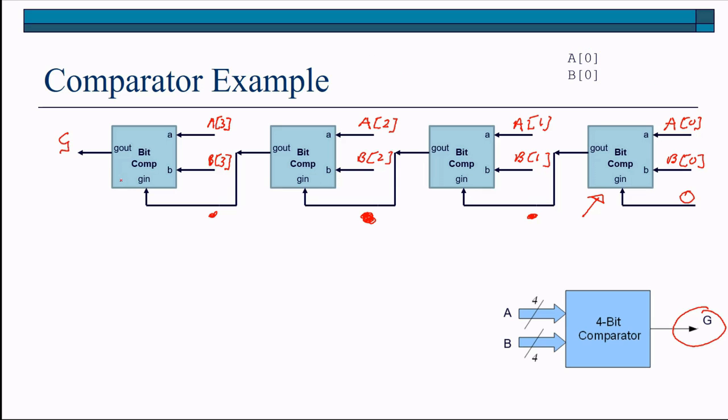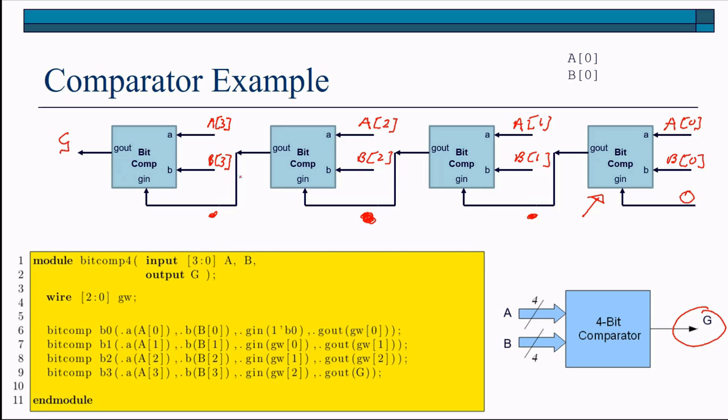And with this structure, we can now implement our 4-bit comparator. The module starts with the keyword module, the name for the 4-bit comparator, bitcom4. We've got 2 4-bit inputs denoted as follows, and a single bit output G with this line.